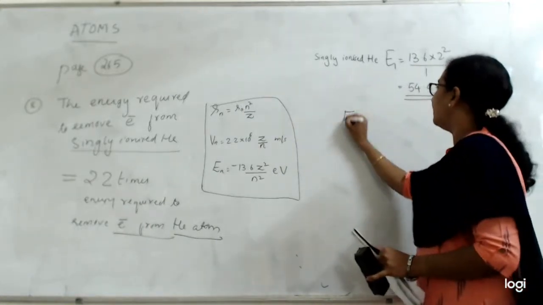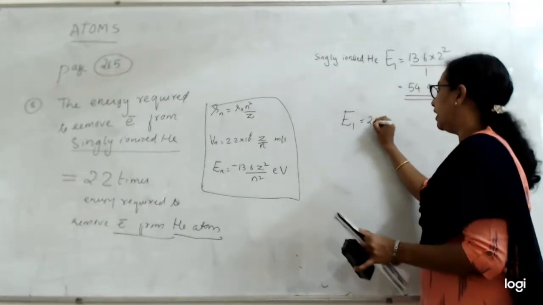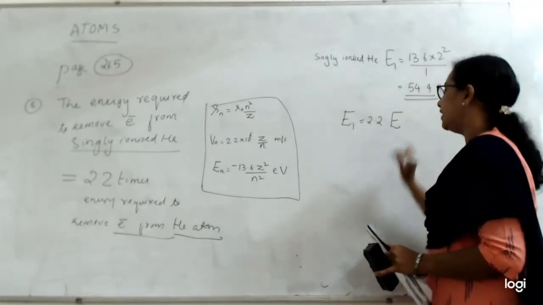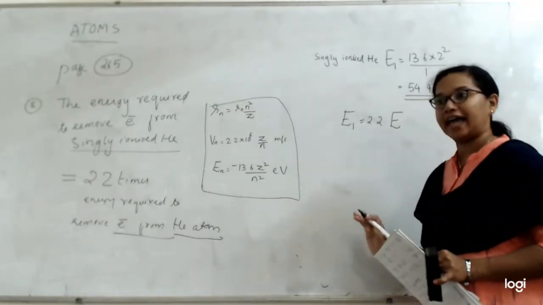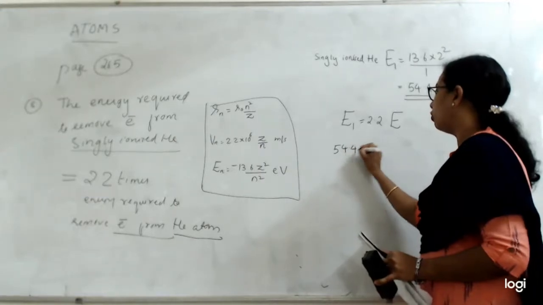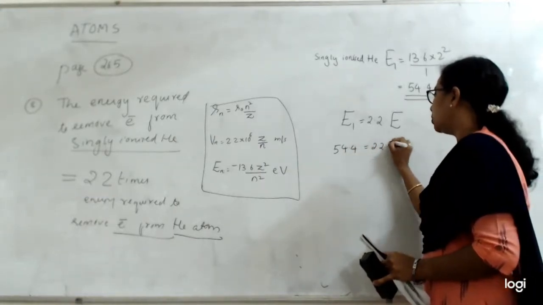And they have given that this E1 is 2.2 times the energy required to remove an electron from the helium atom. I can write this as 54.4 is equal to 2.2 E.